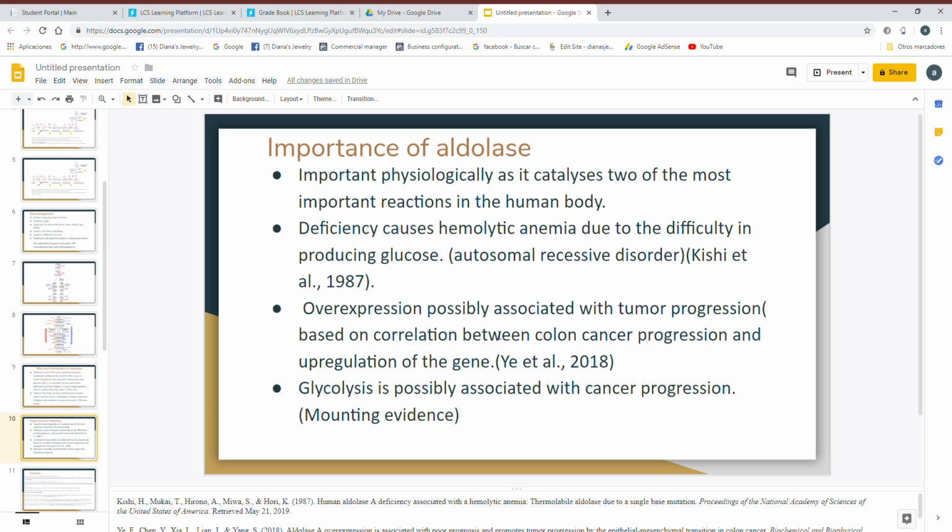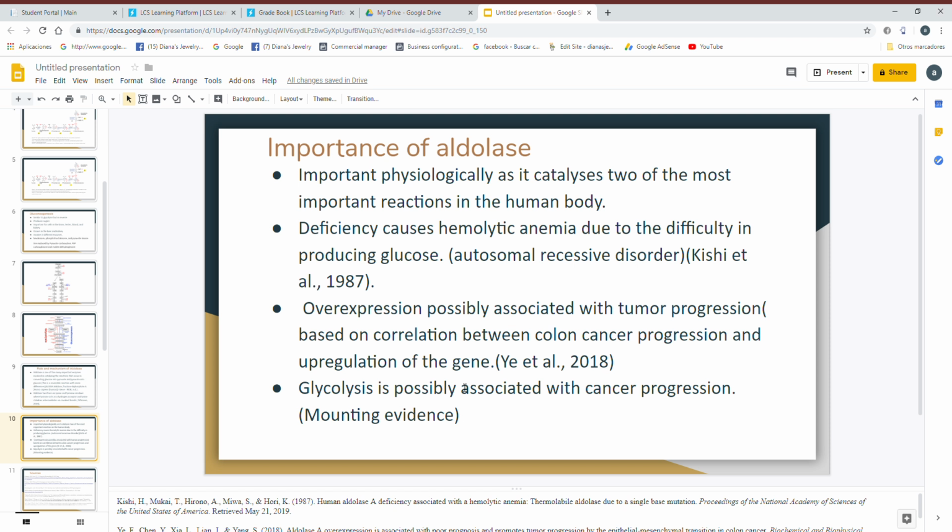Overexpression of this enzyme is possibly associated with tumor progression, and this is based on correlation between colon cancer progression and upregulation of the gene. This is something interesting that we can talk about, but there isn't a direct correlation between these two things.